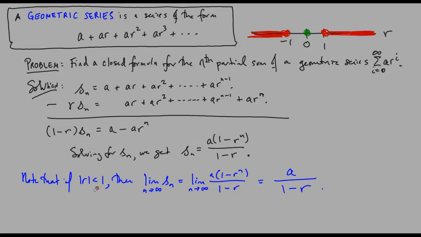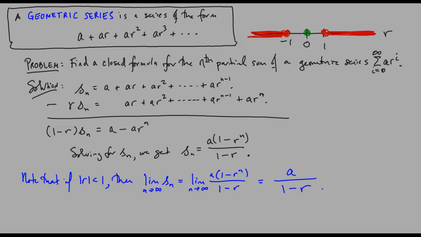We have deduced that if r, that ratio that governs a geometric series, lies between -1 and 1, then the limit of its nth partial sum is a specific number, a over 1 minus r, first term over 1 minus that common ratio. So that means that the geometric series, with absolute value of r less than 1, converges. And not only converges to something, we have a formula for the actual sum that the thing goes to.